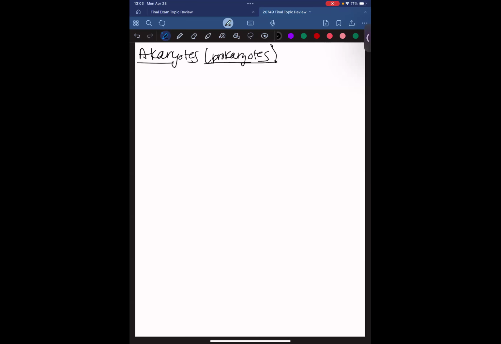Okay, so our prokaryotes, also known as our eukaryotes, the defining feature of these guys is no nucleus. Again, this is our bacteria and archaea.